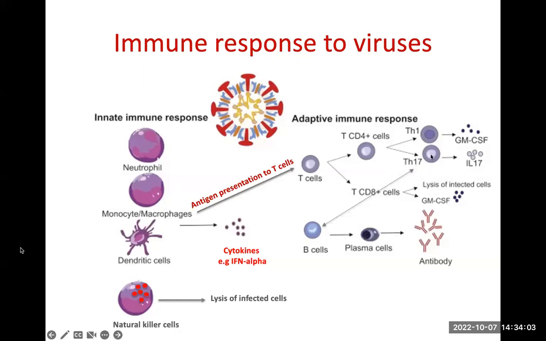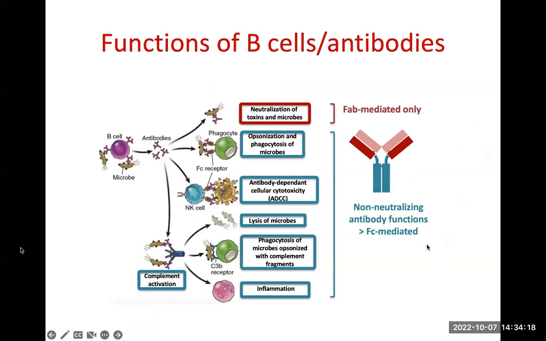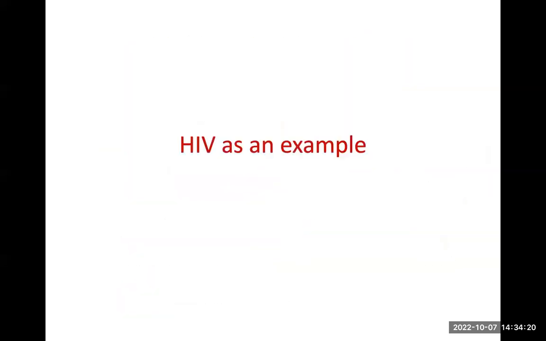Some of those T cells, like the CD4 T cells, will interact with B cells and instruct the B cells to differentiate into versions that can produce antibodies. And then those antibodies can go and mediate these functions. So we can then move into HIV as an example. Any question before we move into HIV as an example?